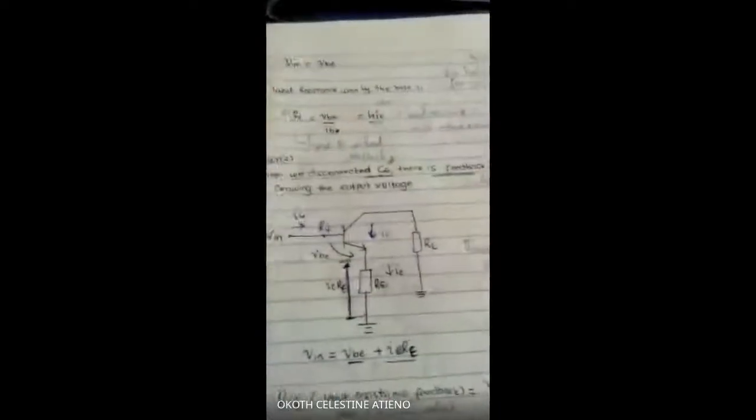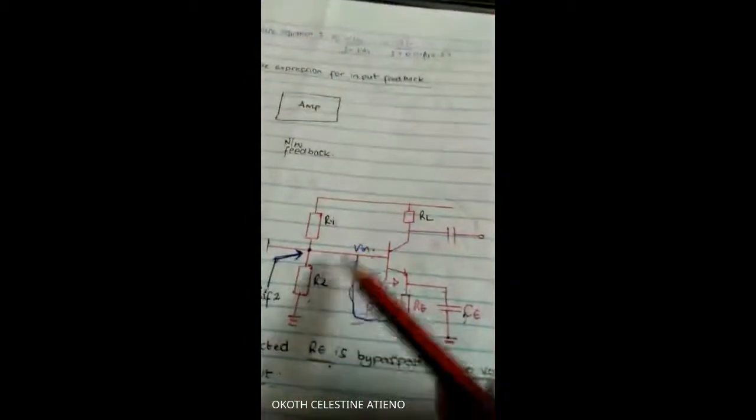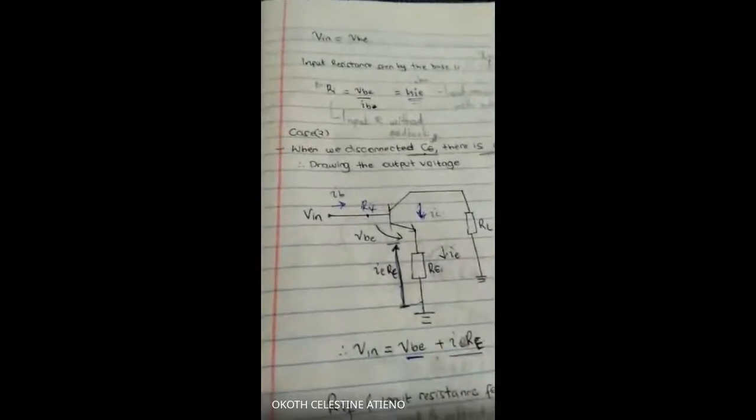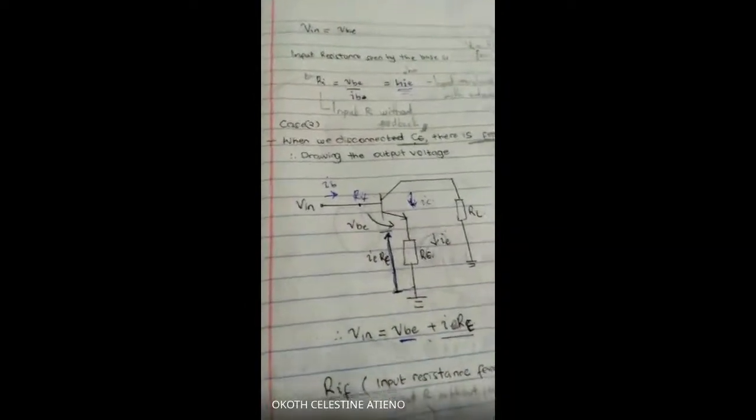If you check this analysis that we've done, normally here we've ignored R1 and R2, bado tujaziweka. So if I'm told to look for the input resistance, there is feedback resistance and there is input resistance.